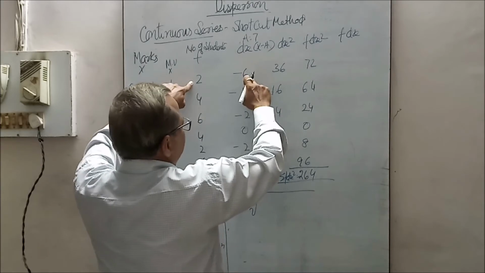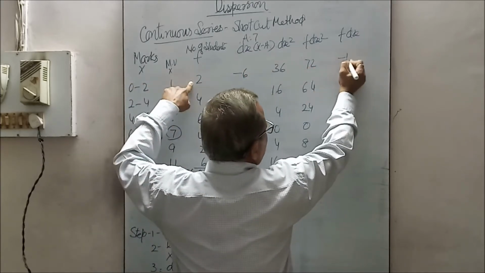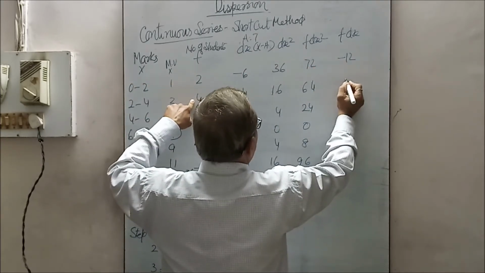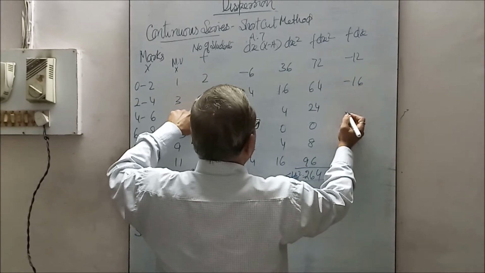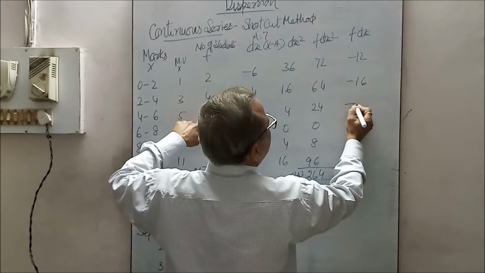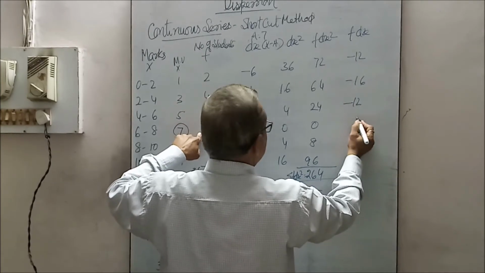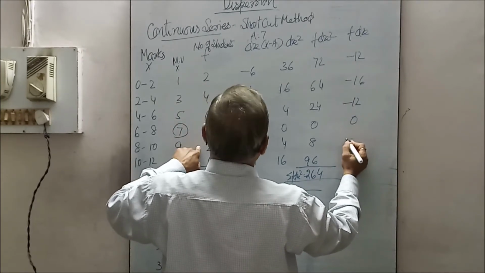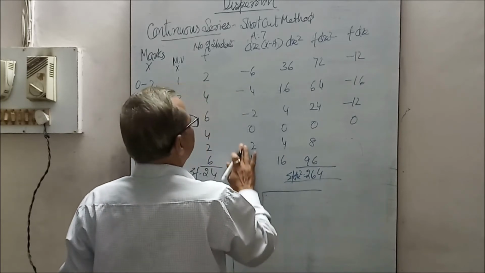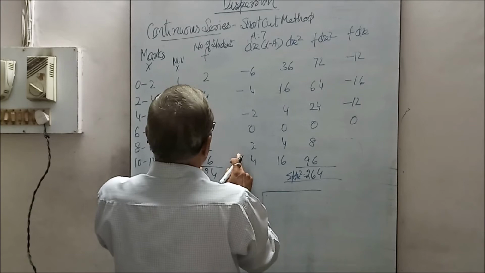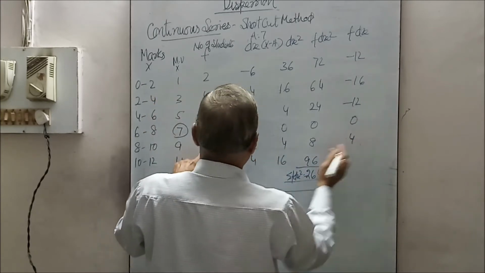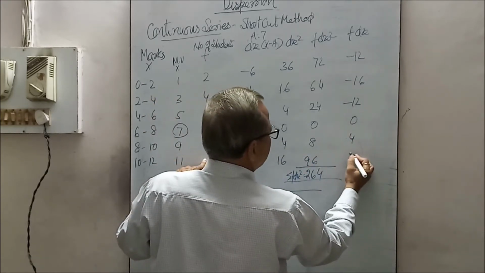F dx, these two, minus 12, minus 16, minus 12, 0, 4, 24.